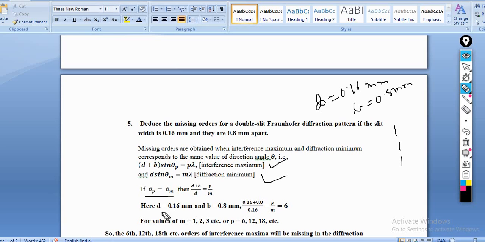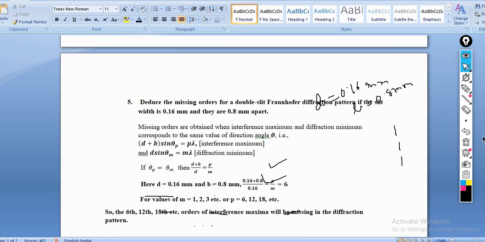Now put in the values of d and b. So the ratio p by m, the maxima and minima order, is equal to 6. If m values are 1, 2, 3, then p is given as 6, 12, 18, etc. So one can conclude that the 6th, 12th, 18th orders of interference maxima will be missing in the diffraction pattern. So when you have a double slit, these orders will be missing.